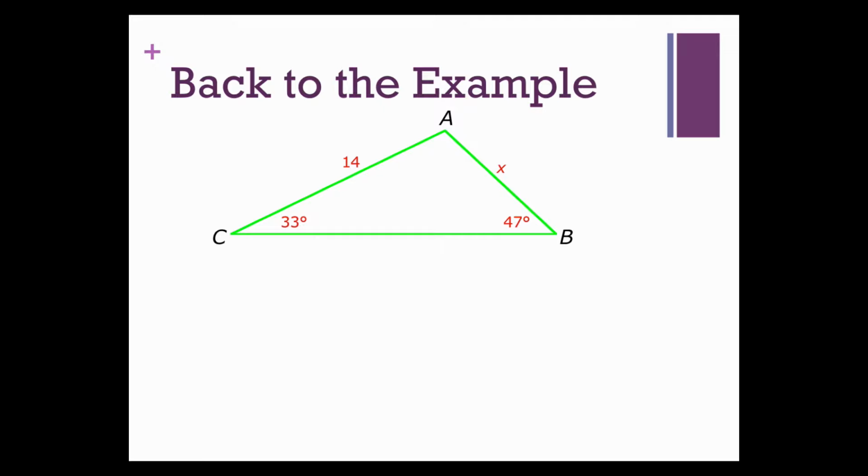When you get done, you want to ask yourself a simple question. Does my answer make sense? Natalie, what can you tell me about the possible answers for x? What would be an answer that you get for x that you go, I don't think that's right? A negative answer? Negative answer would be bad. Anything else?